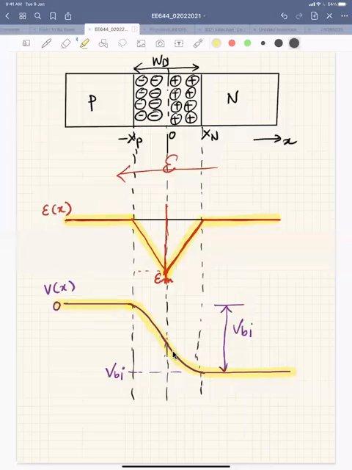So if you plot energy, energy is nothing but minus q times Vx. Let me plot that.